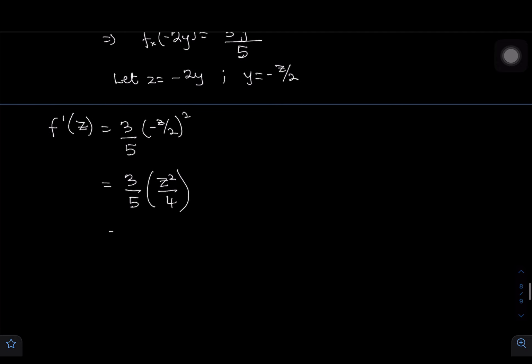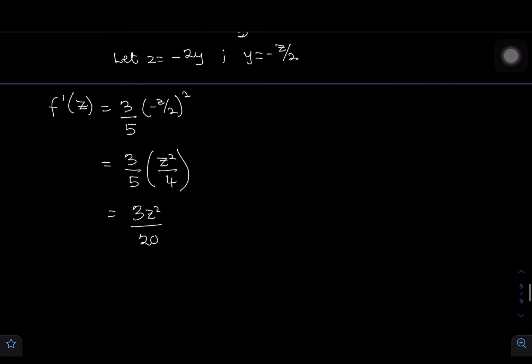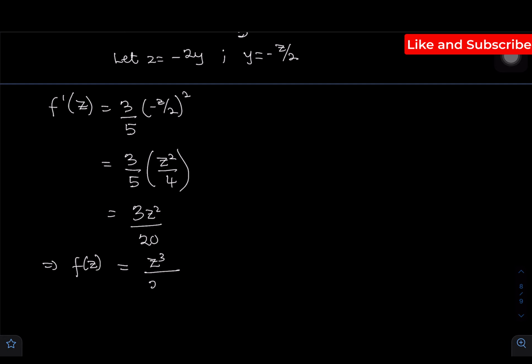So this is going to be 3z squared divided by 20. All right, yeah. So this implies that f of z is going to be equal to, if I then integrate this with respect to z, I'm going to have z cubed divided by 20, right? Because it's going to be 3z cubed divided by 20 times 3, and then the 3 cancels the 3, and that should be plus c.